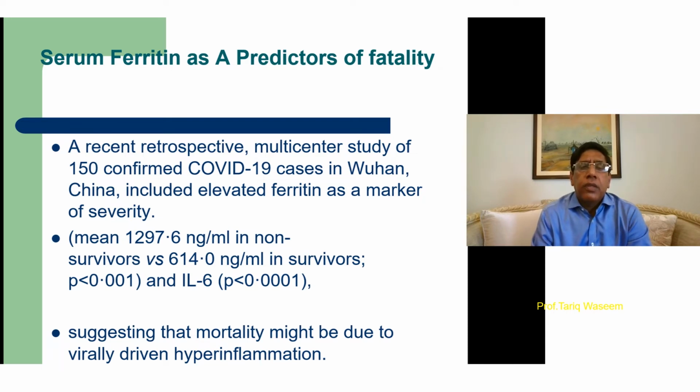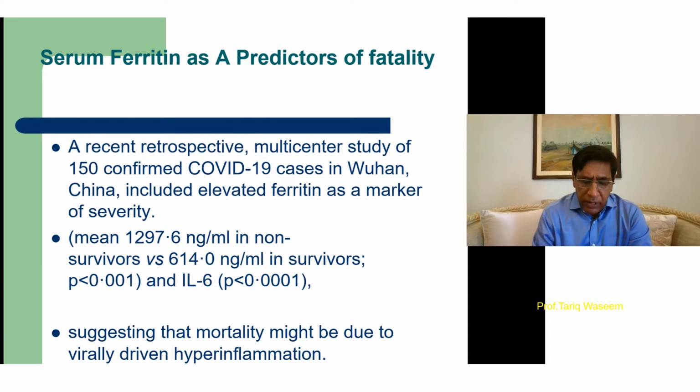So what we had, or in fact we are having right now, is this pandemic of COVID-19, and that started from Wuhan, and it is from Wuhan that we are getting most of the data on how patients responded to this infection, and what were the various things observed during the course of their management.